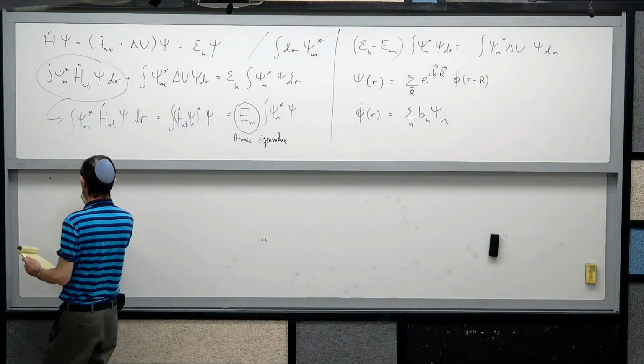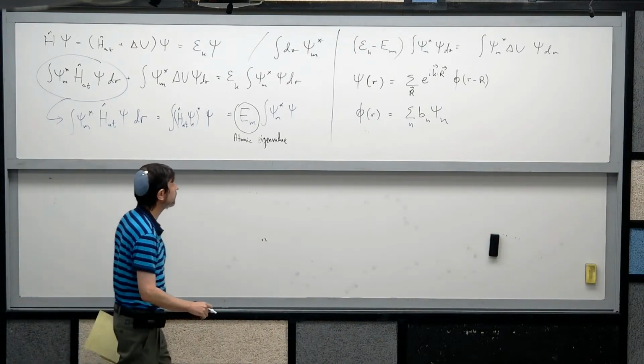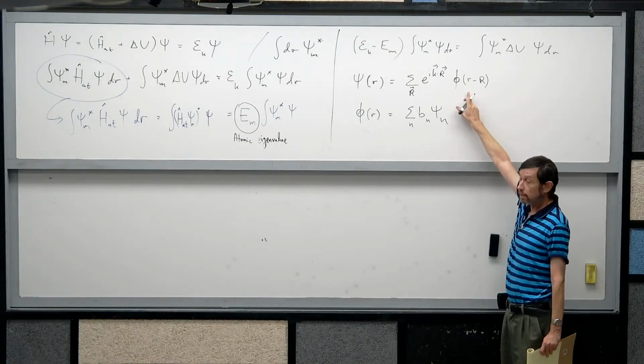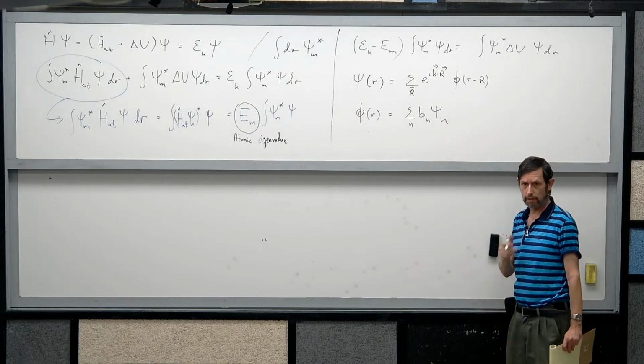Okay, so I'm rewriting everything and inserting phi in the Hamiltonian.